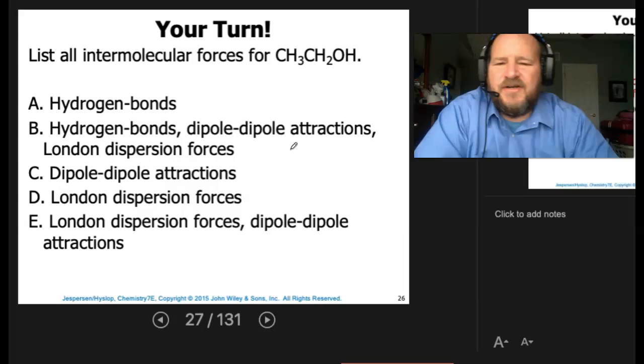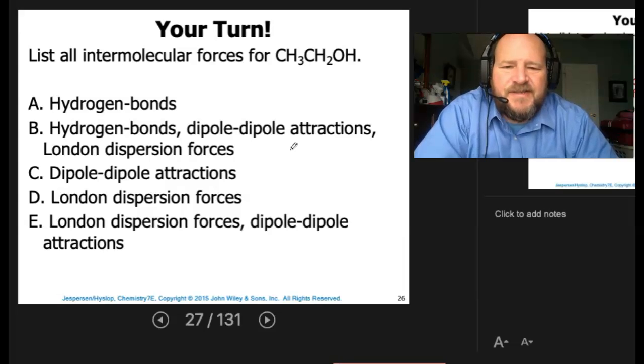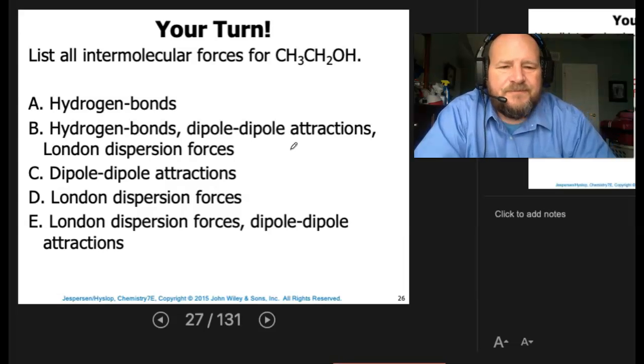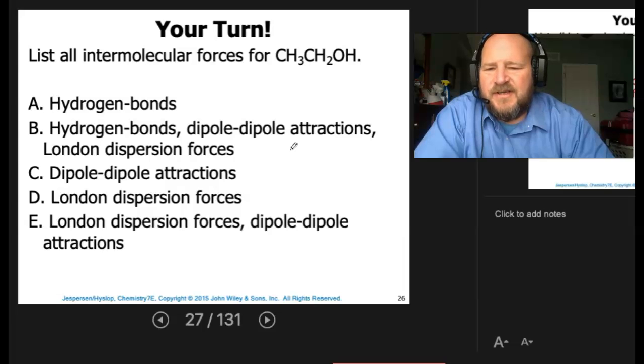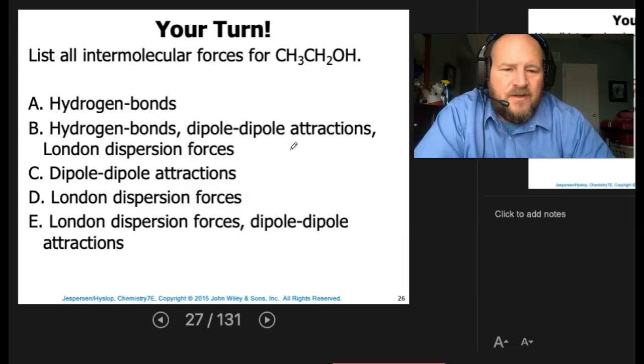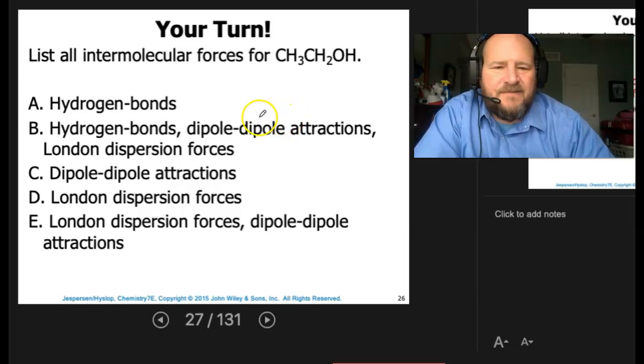All right, list all intermolecular forces for CH3CH2OH. Our options are hydrogen bonds, dipole-dipole attractions, London dispersion forces. We know our answer has to have London dispersion forces because every molecule has that.